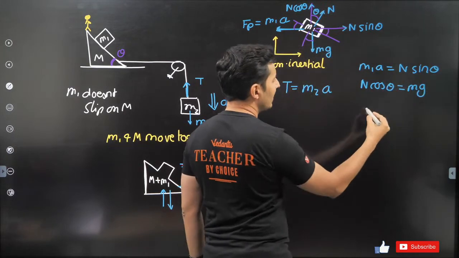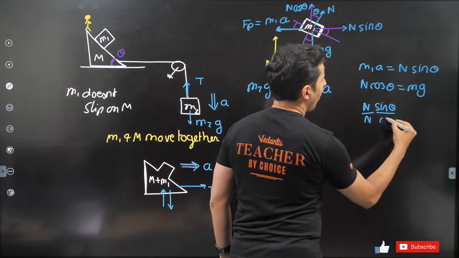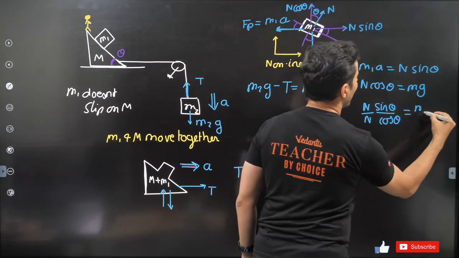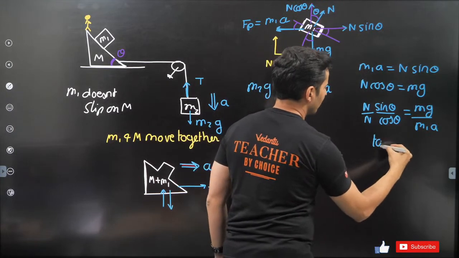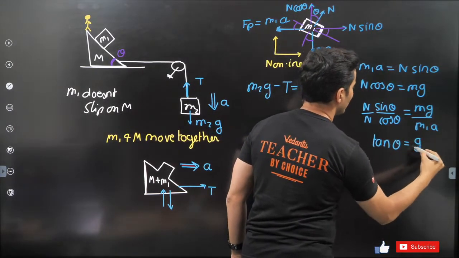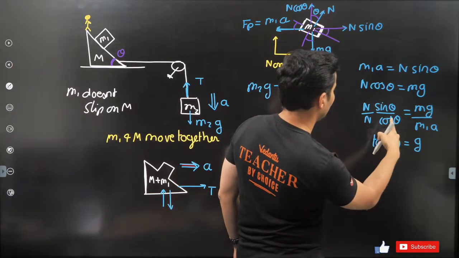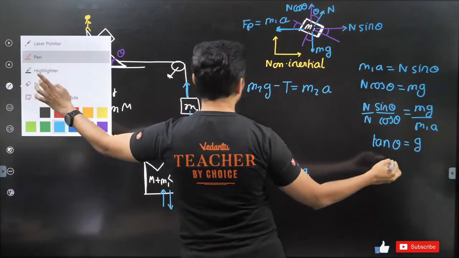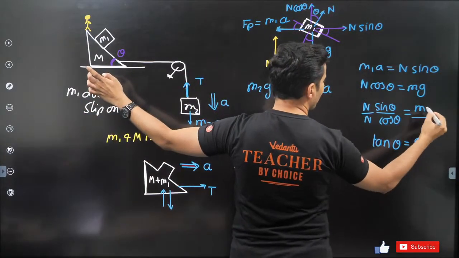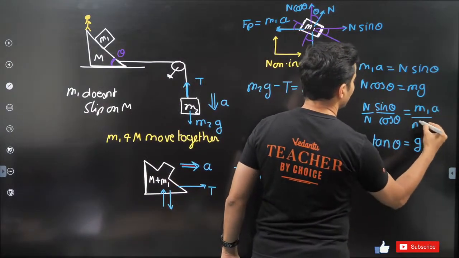You can divide that and you can see N sine theta by N cos theta is equal to m1a by mg. So N cancels. This will become tan theta is equal to... just check this out. Right, everything is fine. Sorry, I think I put a and g opposite. This should have been m1, and this is a, and this is m into g.